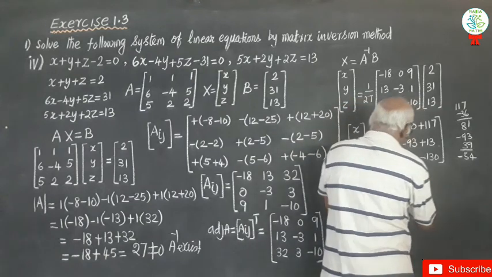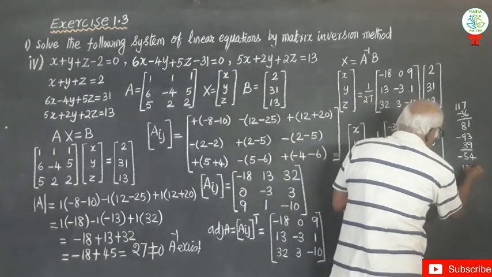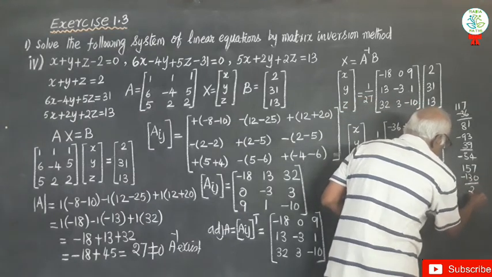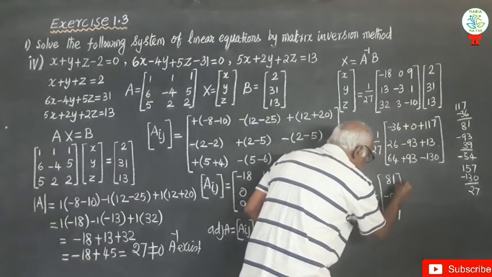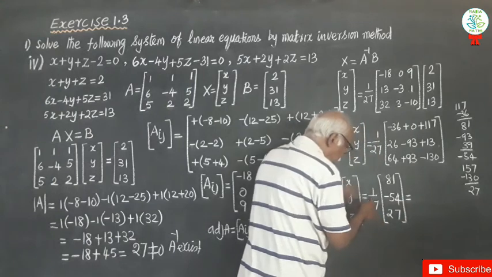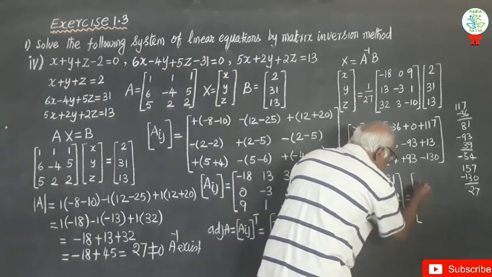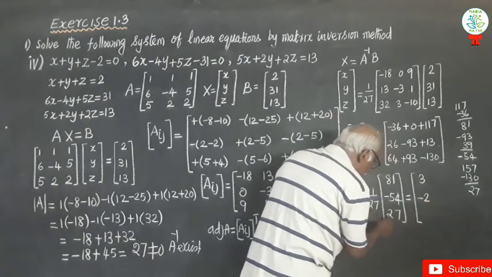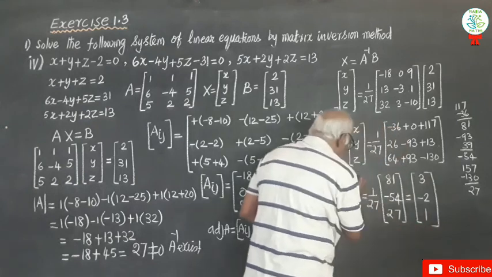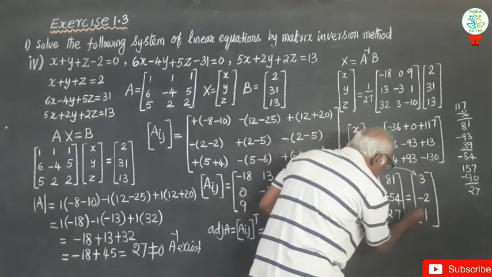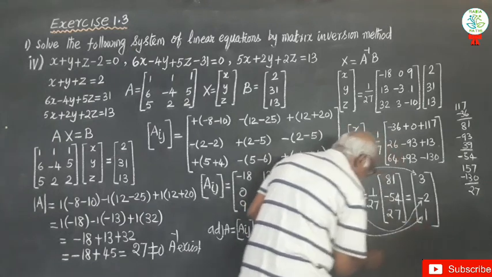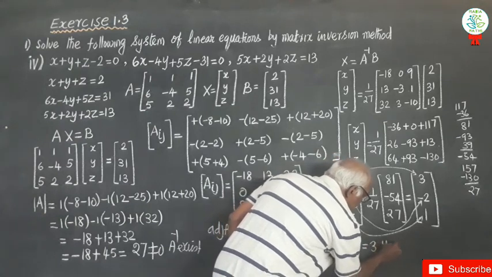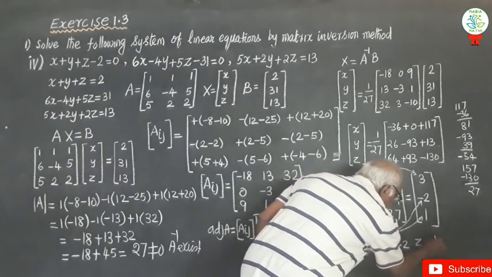Then 157 minus 130 is 27. This is equal to 81 by 27, 3; minus 54 by 27, minus 2; 27 by 27, 1. Therefore, x is equal to 3, y is equal to minus 2, and z is equal to 1. That is the answer.